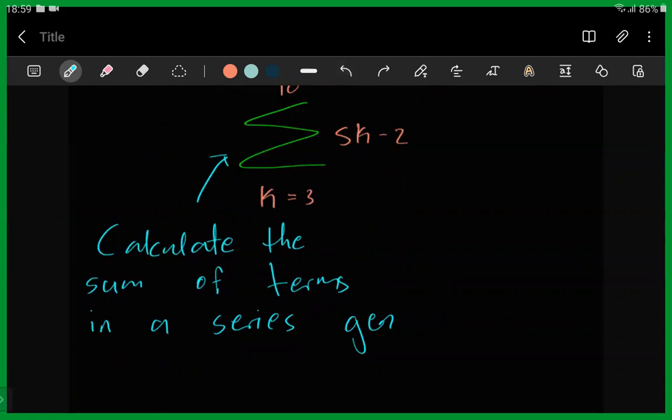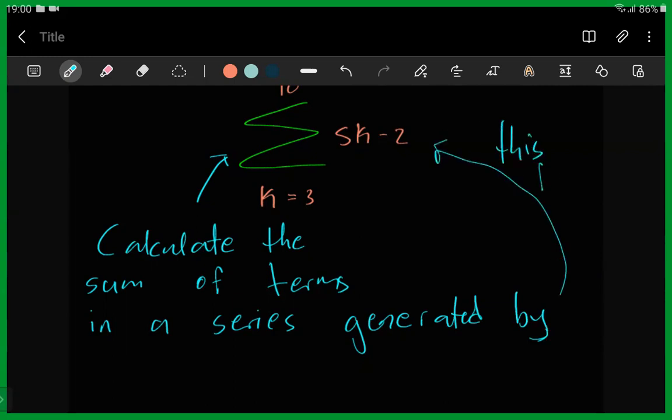Here I'm just exaggerating, but I'm trying to make a point. Calculate the sum of the terms in a series generated by this formula.